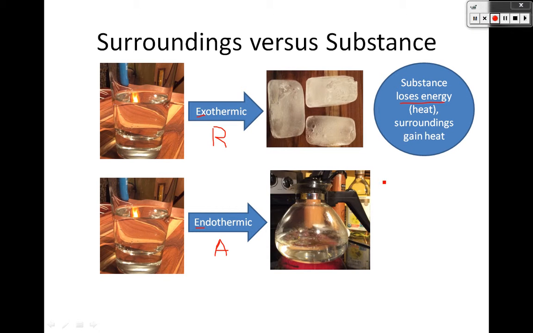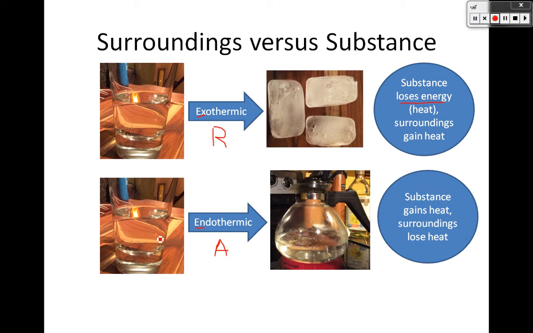On the flip side, here, when we're saying heat is entering, it's entering the substance. So the substance gains heat, but it's actually exiting the surroundings. So the surroundings lose heat. So just understand when we're talking about exothermic or endothermic, we're talking about exiting or entering the substance.